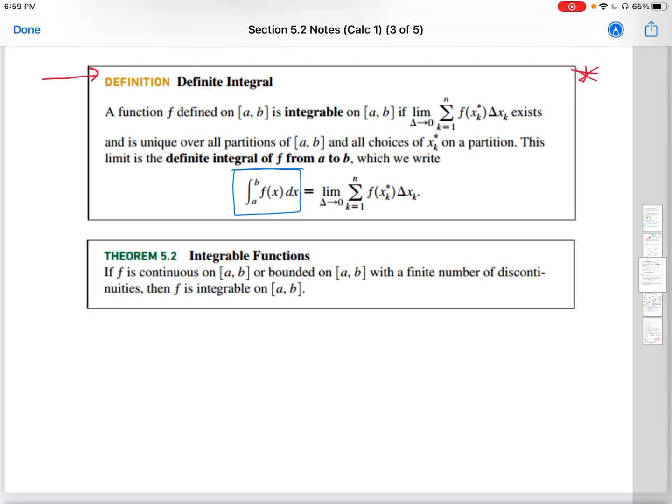This limit is the definite integral of f from a to b, which you write as the integral from a to b of f of x dx.